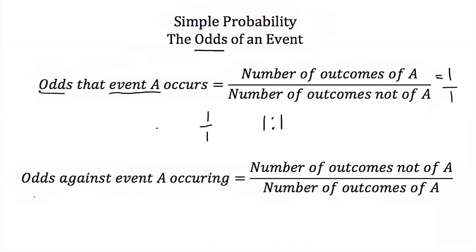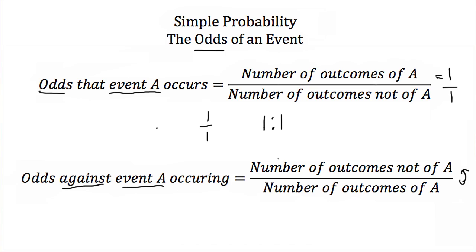Now sometimes you'll see odds expressed as the odds against the event you're looking for from occurring. Well, that's the same thing we did up here. It's just the reciprocal of the ratio we were talking about before. In our numerator, we have the number of outcomes that are not the event we're looking for, and in the denominator, we have the number of outcomes that are satisfying the event we're looking for.